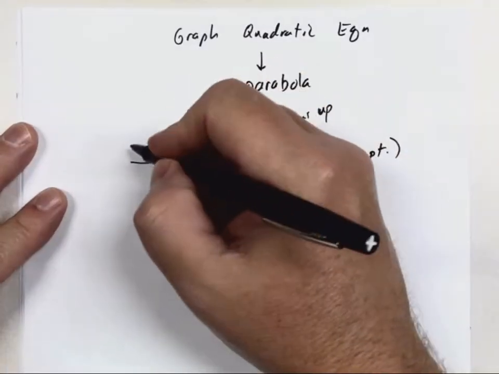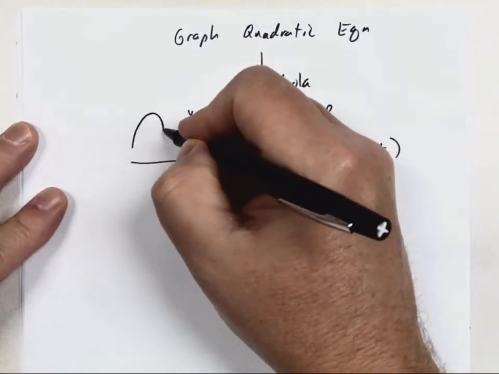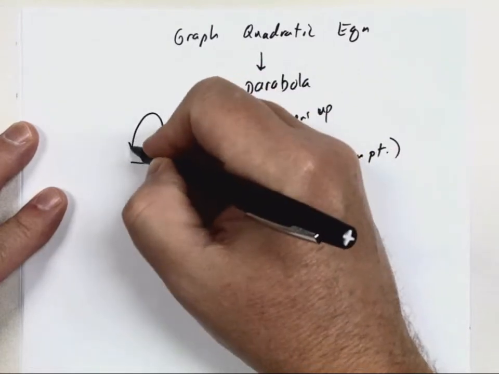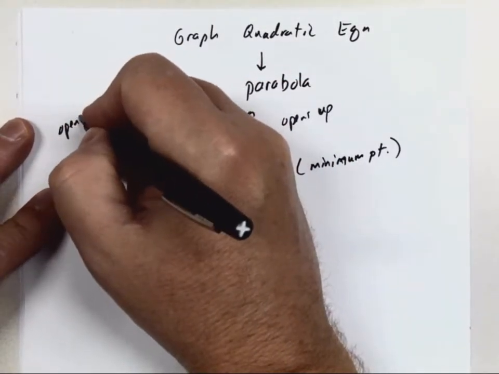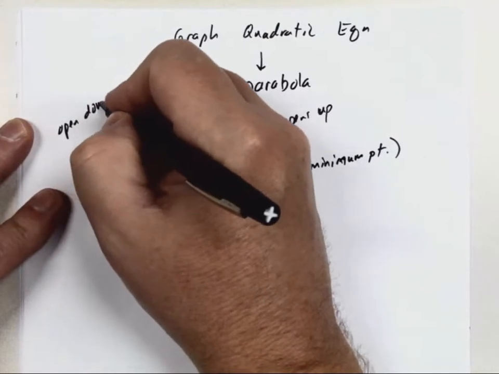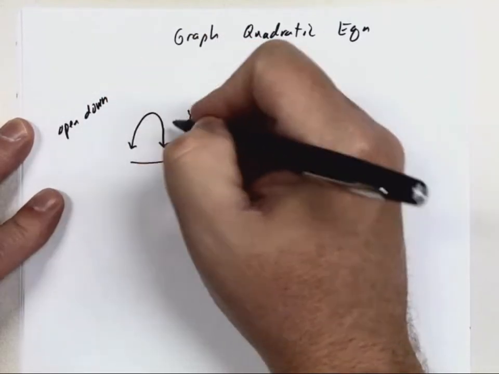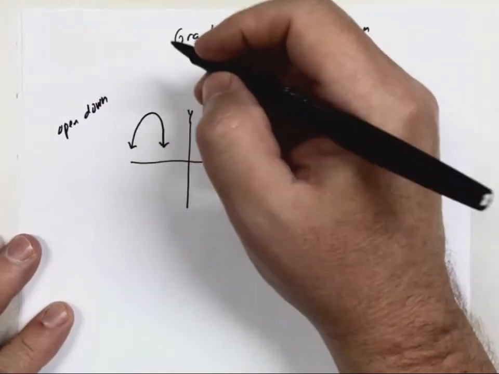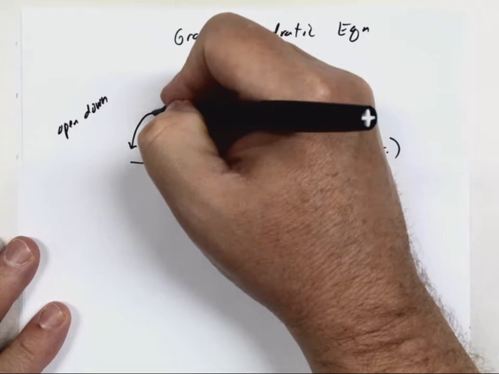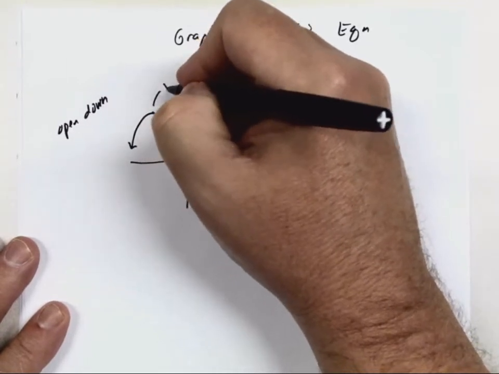However, we can also have parabolas that look like this. And this we would say they open down. It's almost like an umbrella. Now in this case, we call this point the vertex.